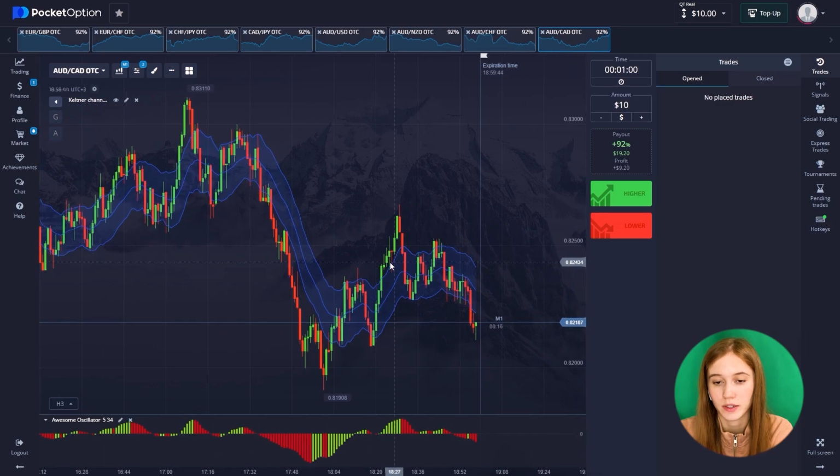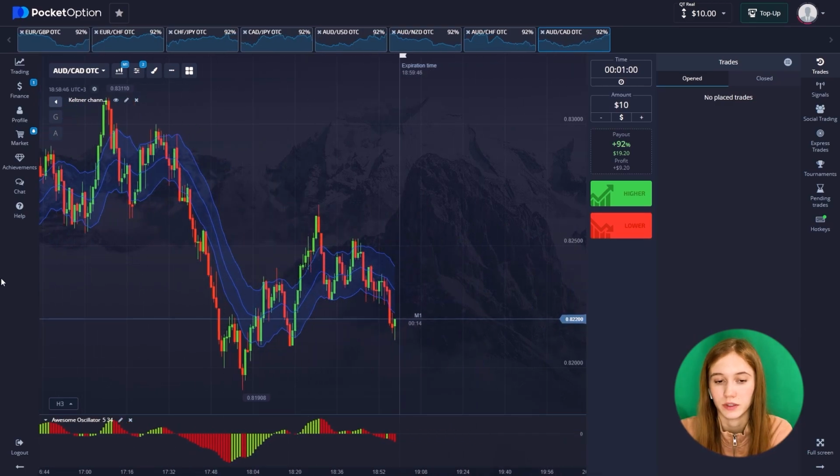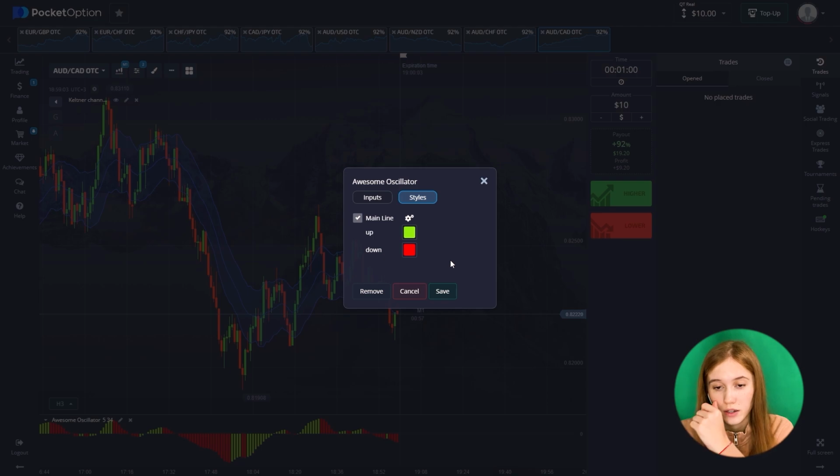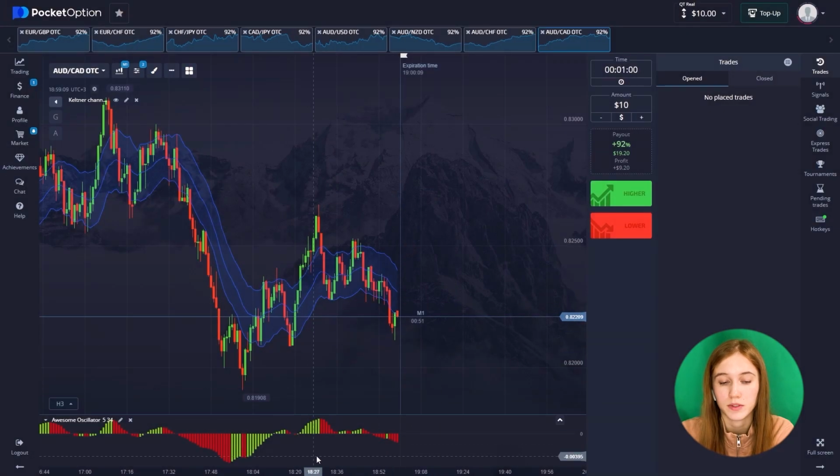Like here we see the oscillator, our second indicator. You can see its parameters also. I won't show it for long because it's boring for me, but I still need you to know. I explain quickly. So this indicator measures the mood of our market.